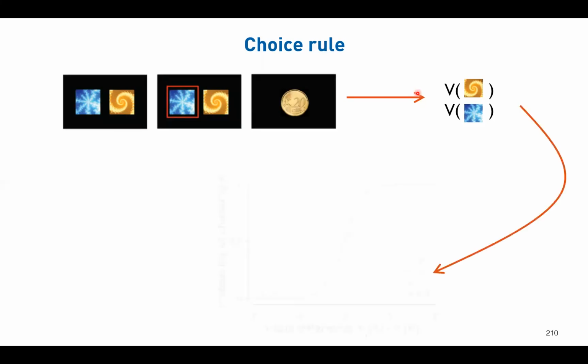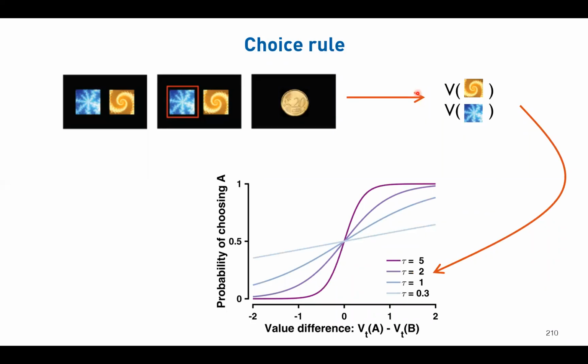There is a softmax choice rule, in the sense that participants make choices according to the difference between the values, okay? Here on the x-axis is the value of the yellow, for example, minus the value of the blue, and the y-axis is the probability to choose the yellow option.